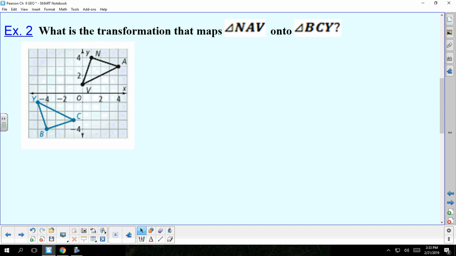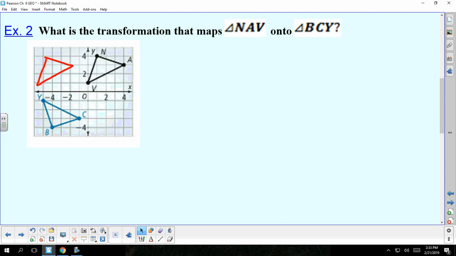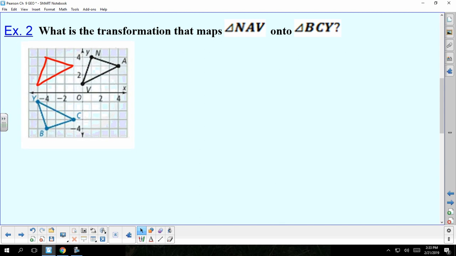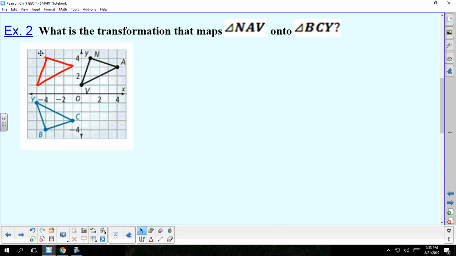So let's first see what happens when I take this guy and slide it over. Okay. Now if we look, I can go ahead and then reflect it over the x-axis. So let's go ahead and label these. There's my NAV.